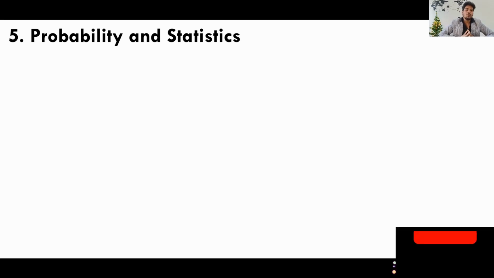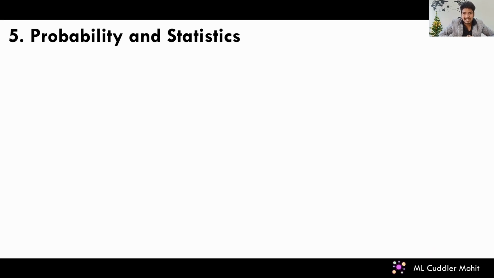Now on probability and statistics, guys, I have already created one video which I uploaded a few days back, in which I explained what statistics is for a business problem, and how a statistician thinks about it, how they approach it. After that, I discussed the different types of statistical analysis to cover all the topics we need from statistics to become a data scientist.